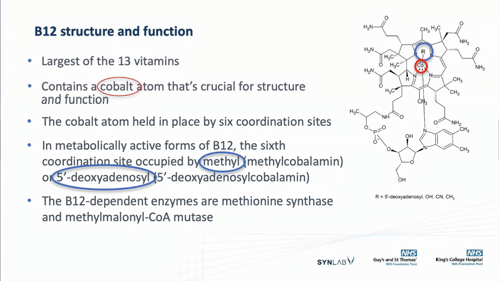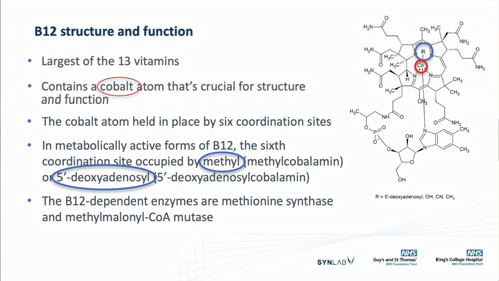The metabolically active form is where the 6th coordination site is occupied by a methyl group, and that gives us a form of B12 called methylcobalamin, or alternatively, it may be occupied by a 5-deoxyadenosyl group.